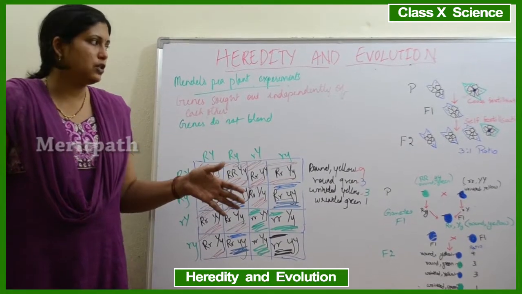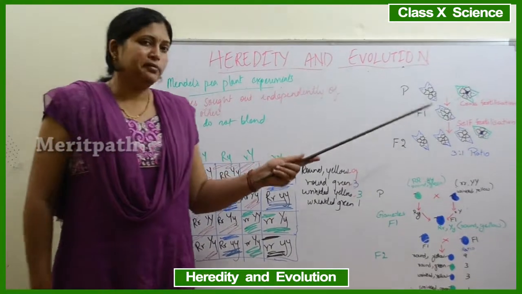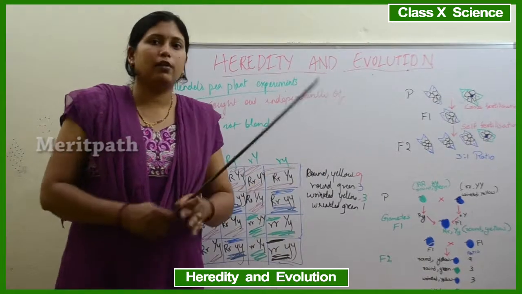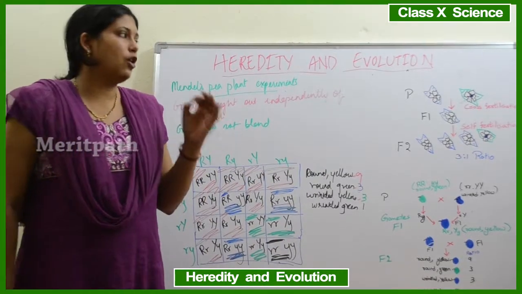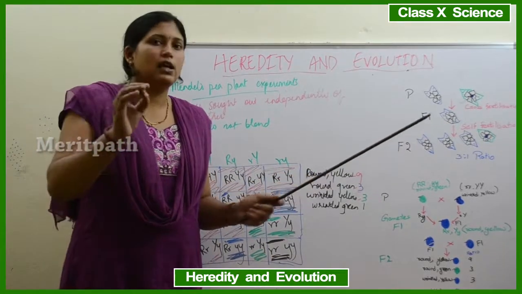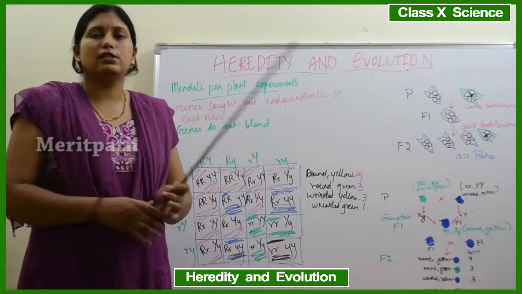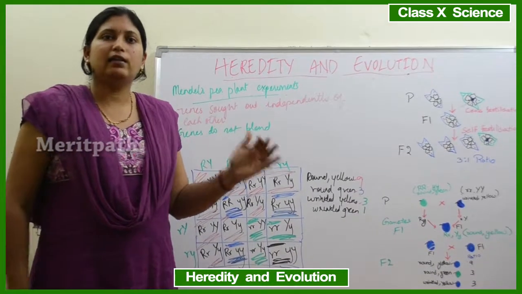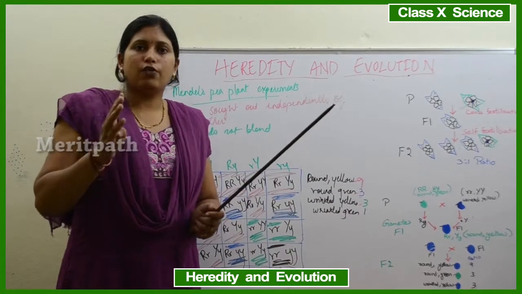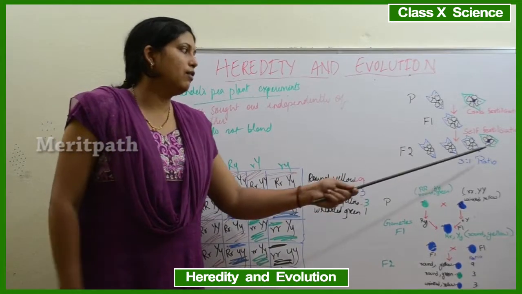That is independent assortment. See, for example, he has taken two colored parent flowers, say blue and green flowers, and then he has cross-pollinated the parent flowers. And then in the F1 generation, he has got all blue colored flowers. When he self-pollinated the F1 generation, then in the F2 generation, out of 4, 3 were blue and 1 flower was green.